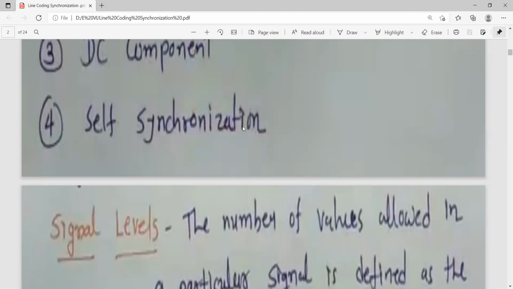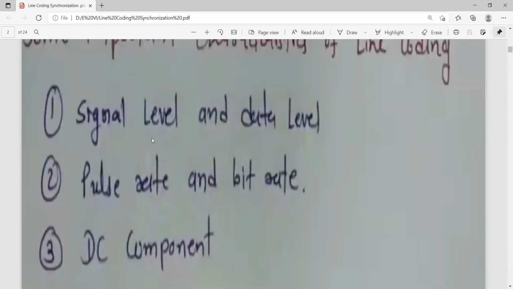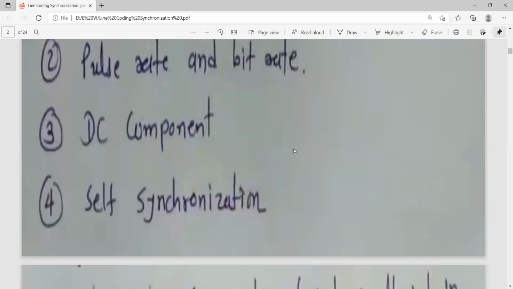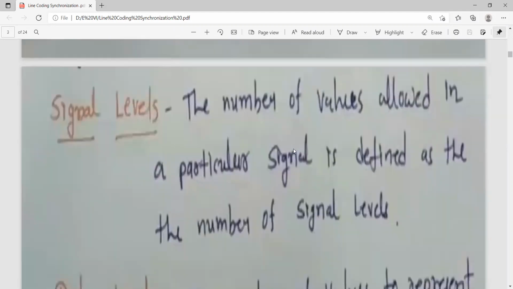Whenever you are framing a digital code, some coded form of the signal, you must keep in mind that there are 4 important characteristics involved in the coding process: signal level and data level, pulse rate and bit rate, DC component, and self synchronization.